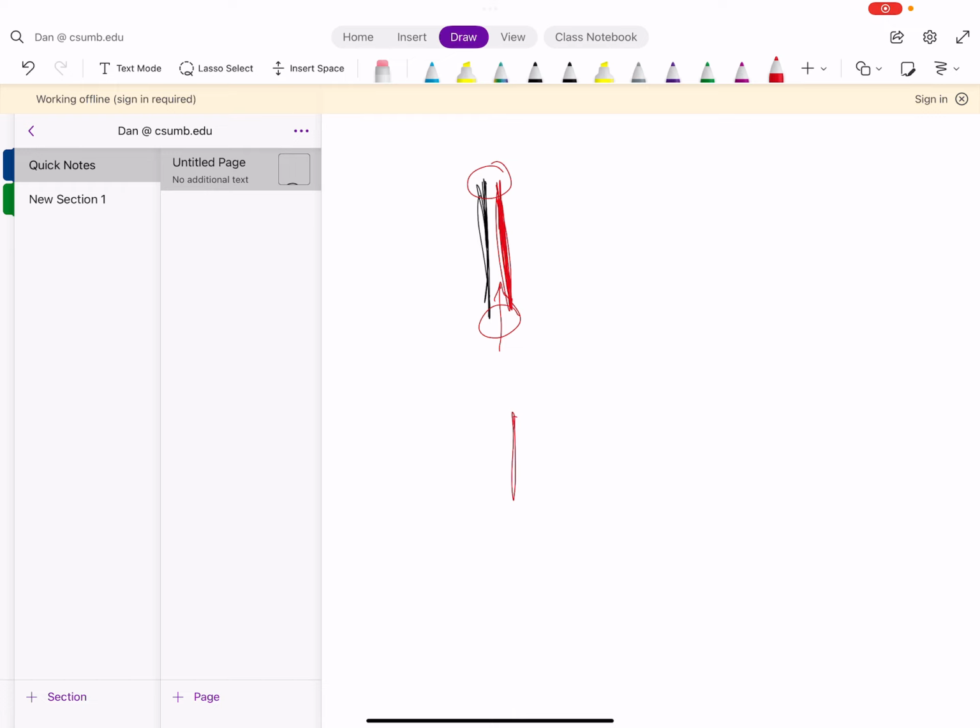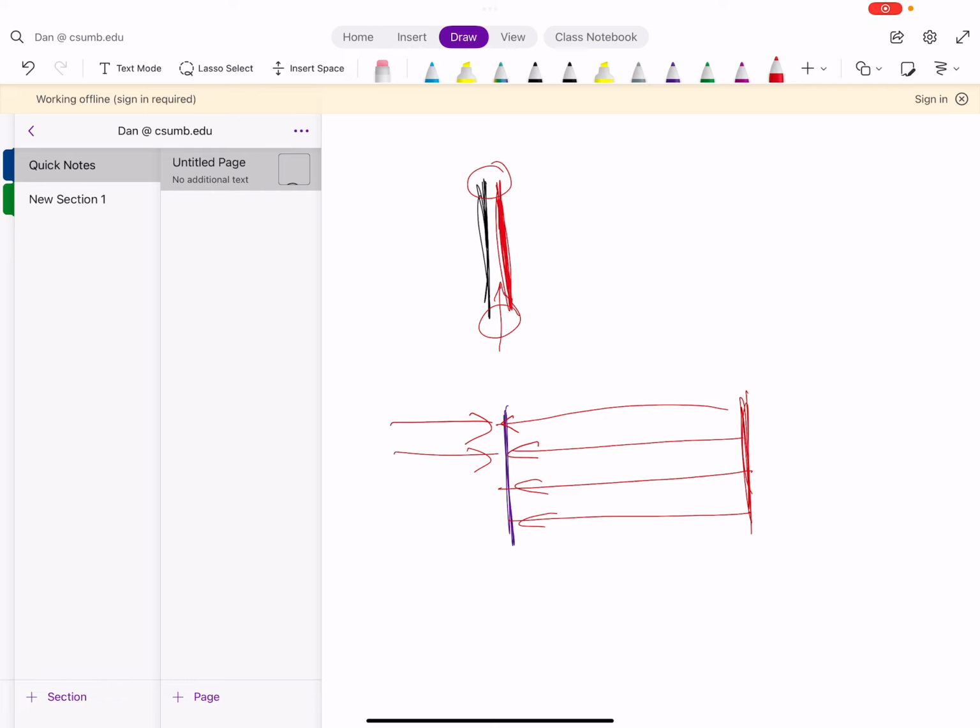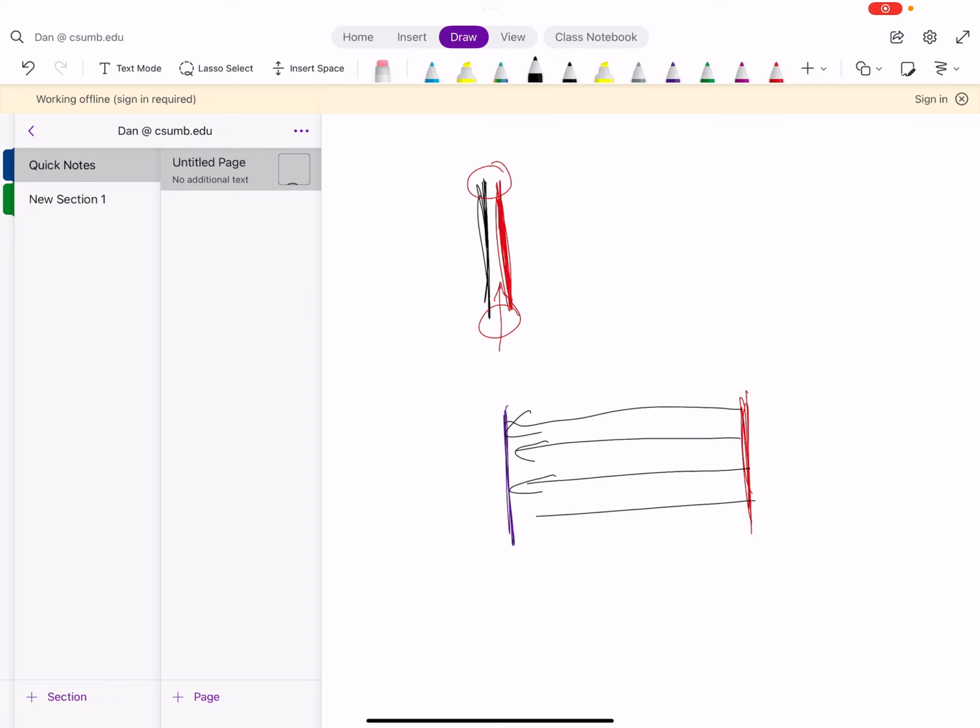Let me show you. I'll spread it out so that you can see more what's going on. The negative one here, the positive one here. Now imagine this. The negative charge is going to have electric field lines that are coming towards it on this side and towards it on this side. Maybe I should draw these in black so that you know that these are from the negative charge. So the negative charge has electric field lines coming towards it on both sides.